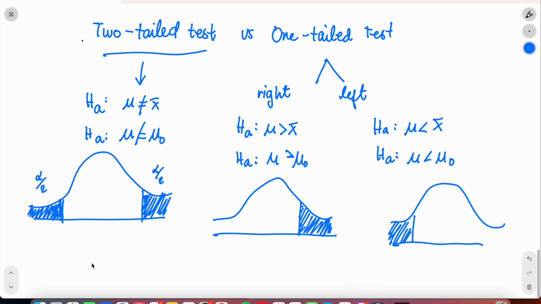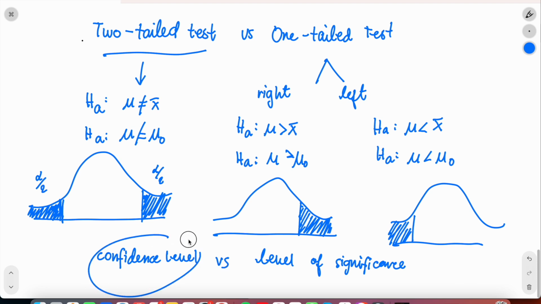If you're not familiar, confidence level and level of significance, do you know the differences between these two? I've discussed before that confidence level is 1 minus alpha times 100%.